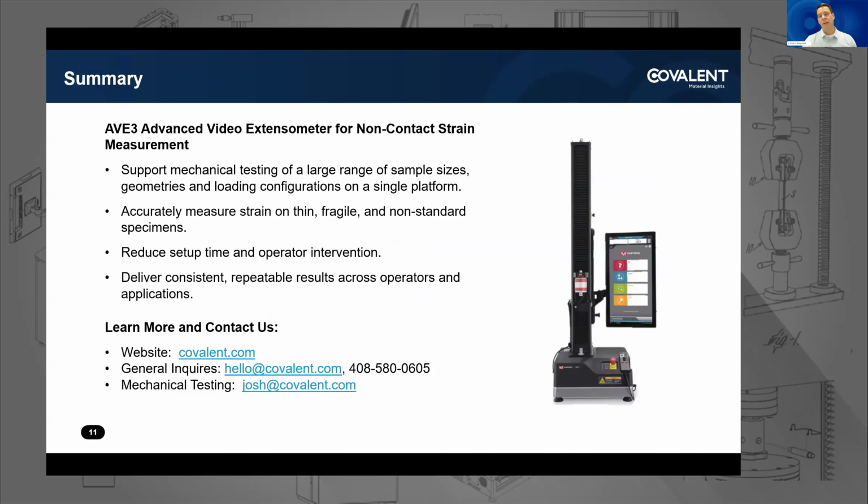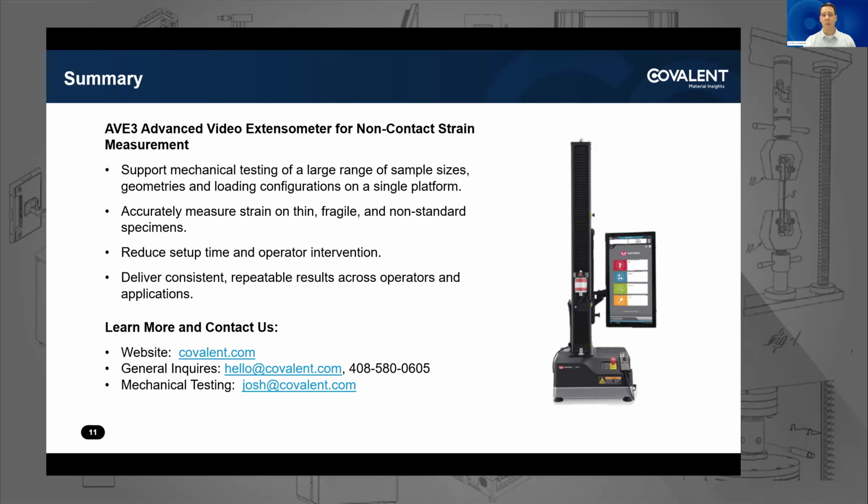To summarize, we find that the AVE3 supports mechanical testing of a very large range of sample sizes, geometries, and loading configurations with just this one device. We don't have a cabinet of contact extensometers we need to dig through. We can accurately measure strain on thin, fragile, and non-standard specimens.